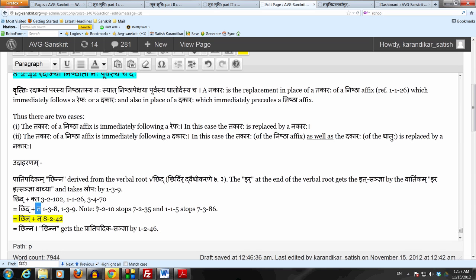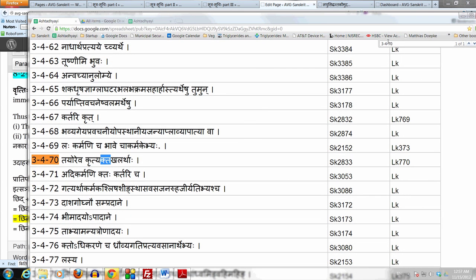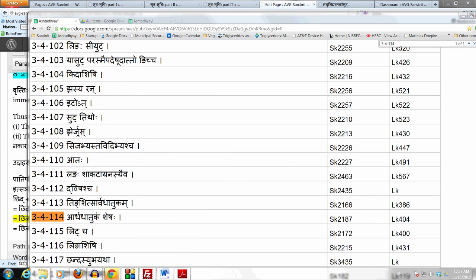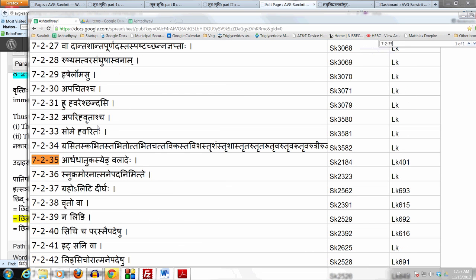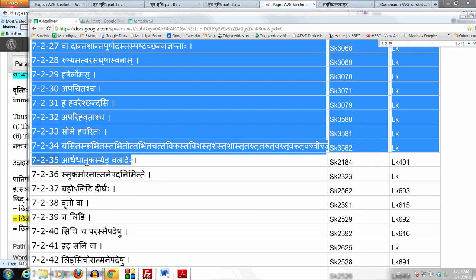The idagamaha, because we have a pratyaya which is valadi, which has the ardhadhatuka sanya by 3-4-114 ardhadhatukam sheshaha. So now 7-2-35 ardhadhatukasya valadeha wants to apply. But then comes 7-2-10 ekacha upadeshe anudattat. That stops the idagamaha, because this dhatu chid is an anudatta upadesha dhatu.